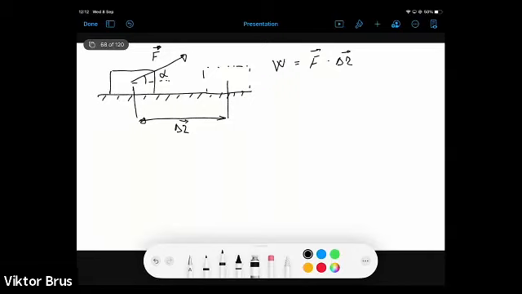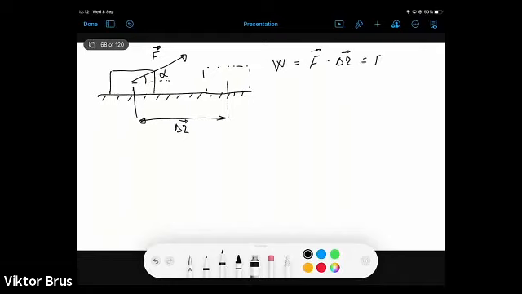We know from previous discussions of dot and cross products of vectors that the dot product of two vectors gives a scalar number, and work is a scalar quantity.